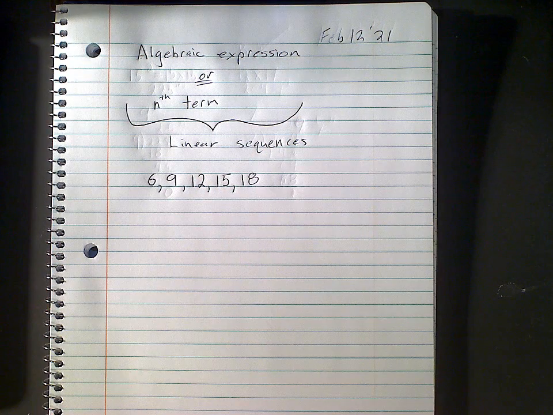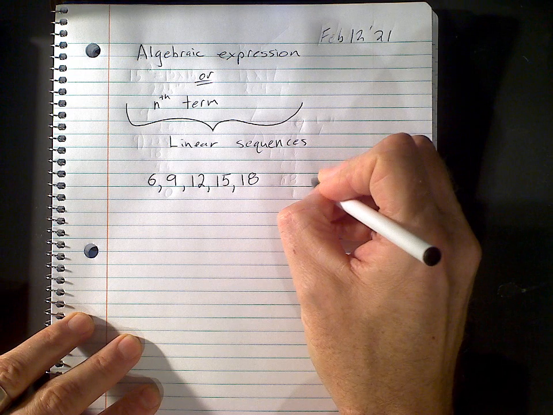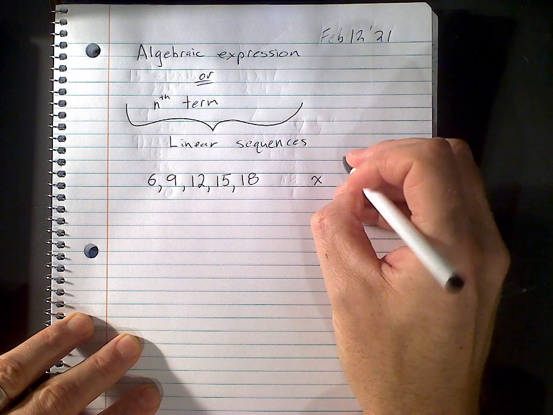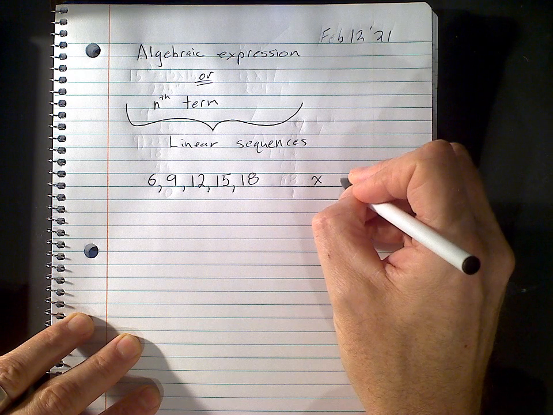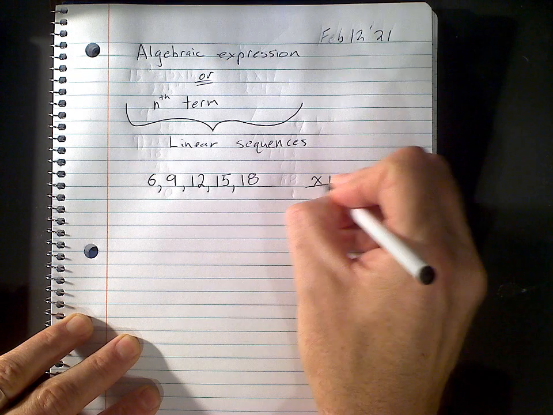All right. Now, some people like to put this in a table of values. We'll call this X, and we can call this Y. You can call it other things too.